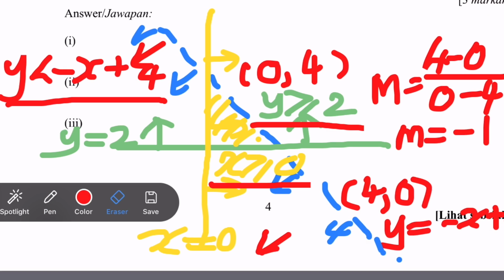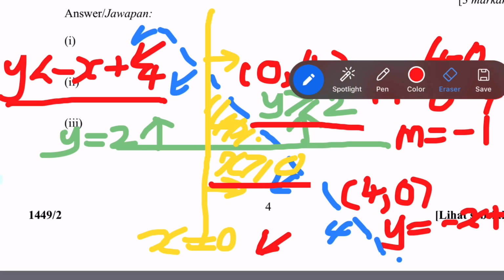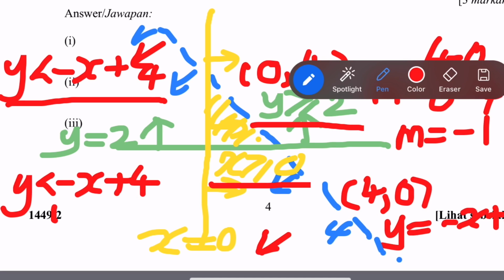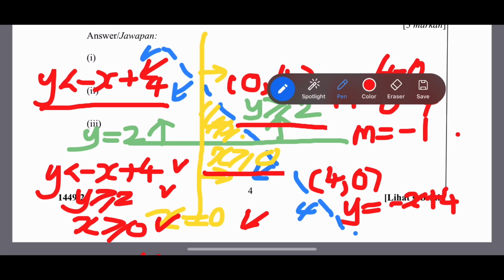So the inequalities are: y less than negative x plus 4, y more than or equal to 2, and x more than or equal to 0. So we have solved one HOTS question.